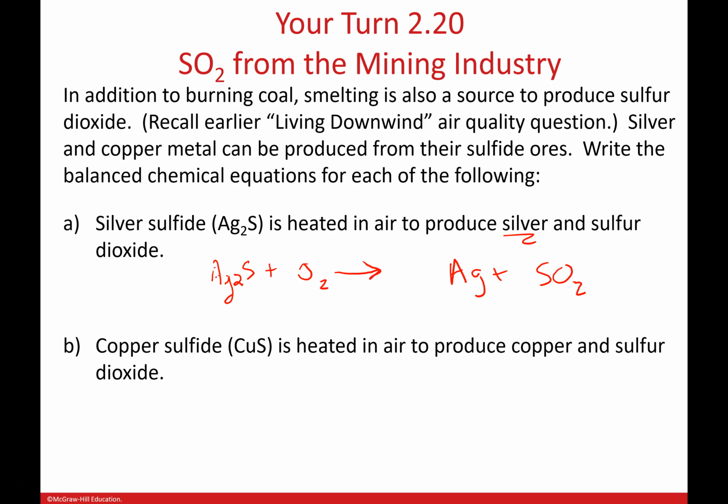And then the other one, copper sulfide, CuS, is heated in air. I'm going to go ahead and put O2 because I can see it's going to produce an oxide, to produce copper, just regular old Cu. And then again, SO2. So go ahead and balance those.